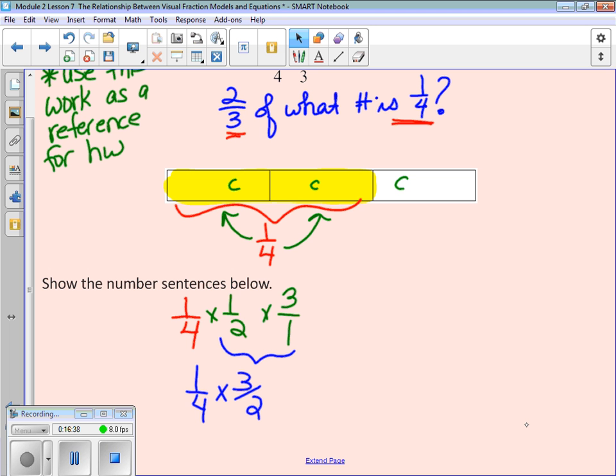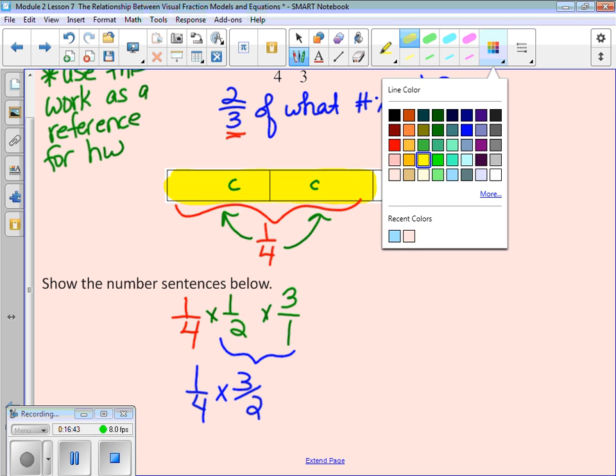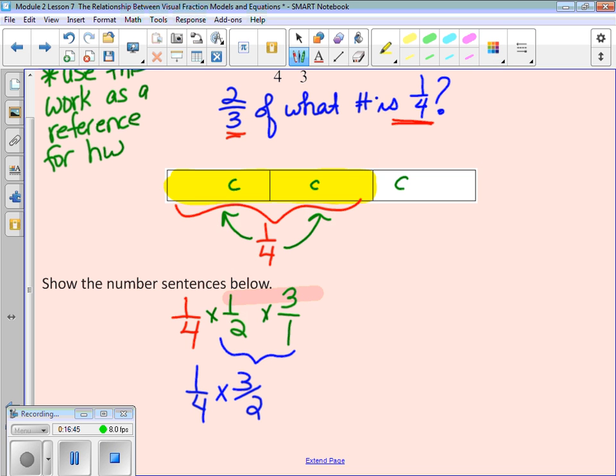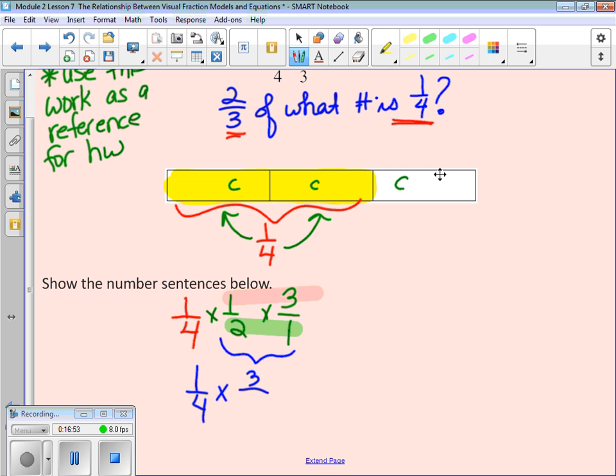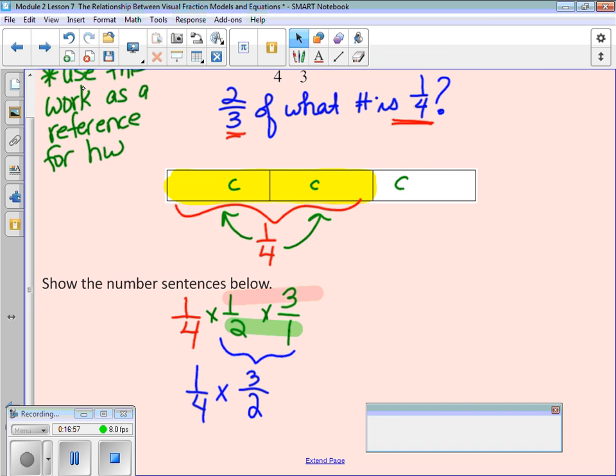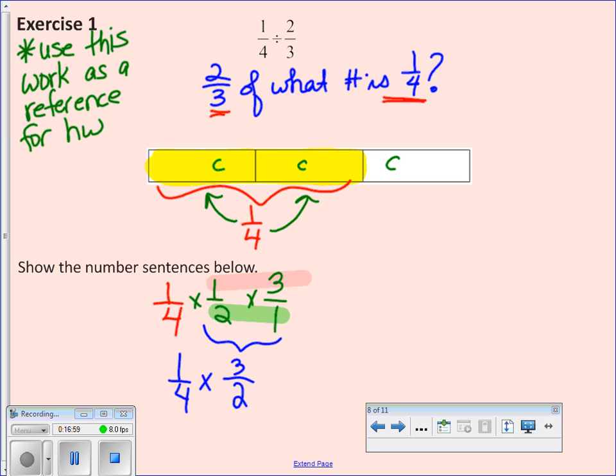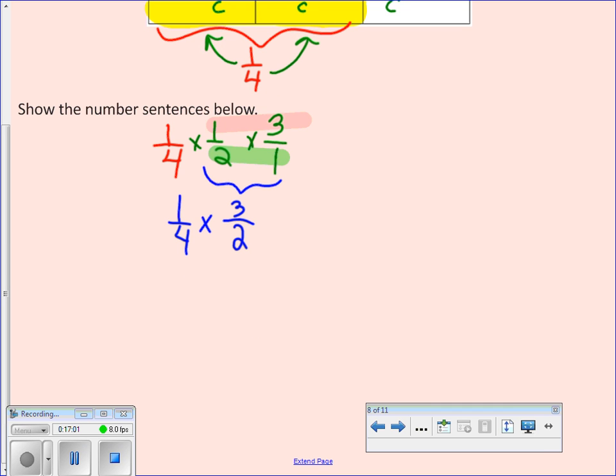Because when I'm multiplying fractions, whoever's watching this at home probably just got dizzy because I was flipping it up and down. 1 times 3 is 3, and 2 times 1 is 2. So when we're multiplying fractions, we multiply numerator by numerator, denominator by denominator. Okay? I'm just going to move those so you can see them.